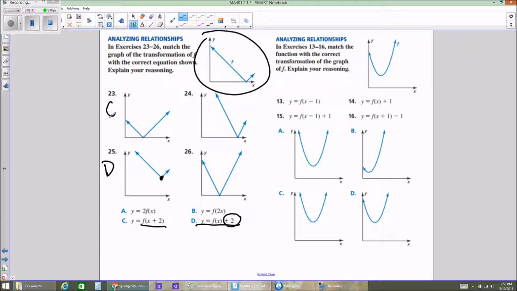So now we have horizontal and vertical stretches and shrinks. So you need to go back to what you know about a horizontal stretch and shrink and a vertical stretch and shrink. Basically, horizontal is dealing with the y-axis. So either the graph is going away from the y-axis or it is going toward the y-axis. Now, a vertical stretch or shrink is when you're going away from or toward the x-axis.